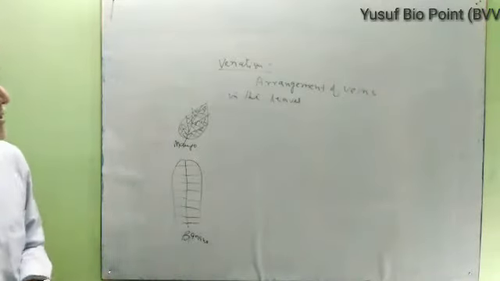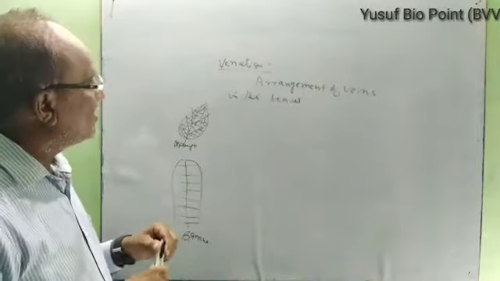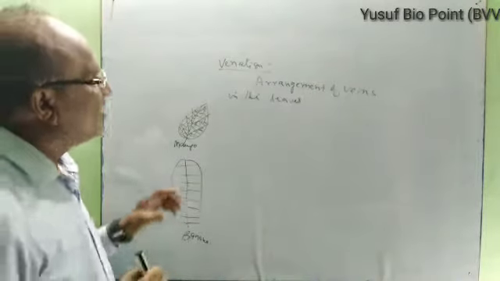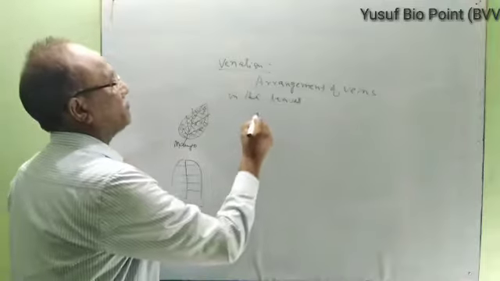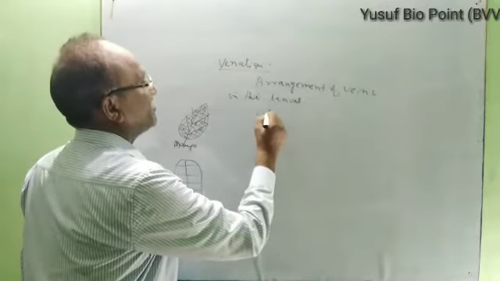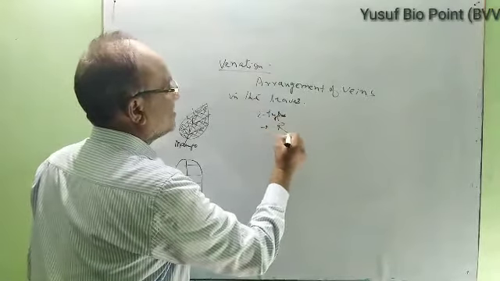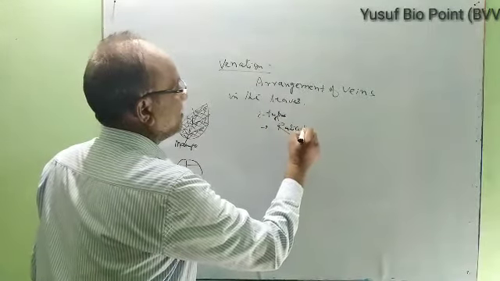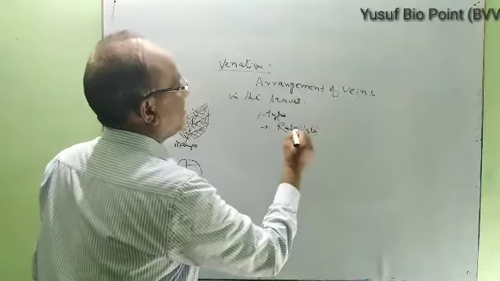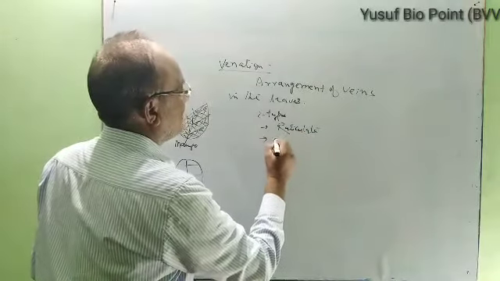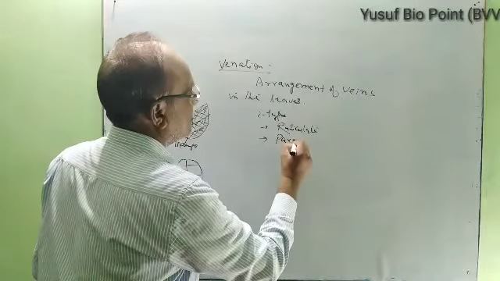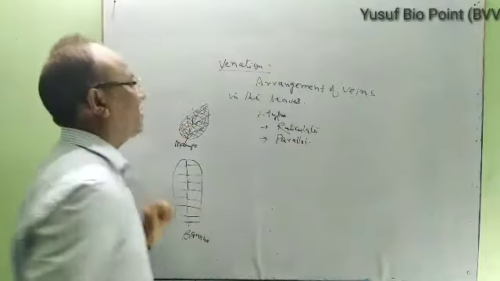That's why the venation in the plant is found of two types. One is reticulate and next one is parallel.